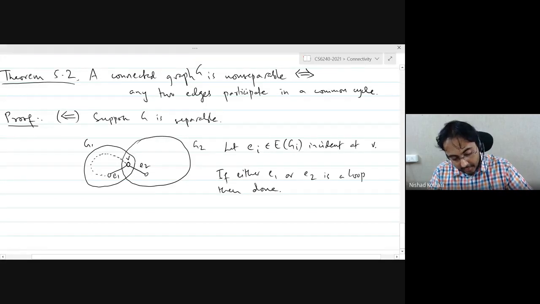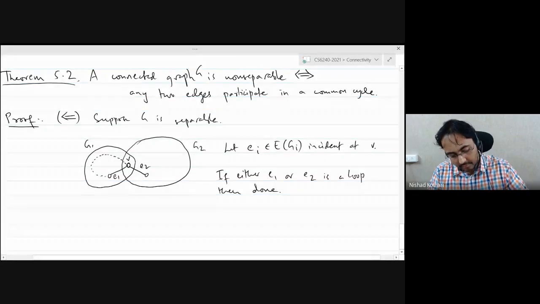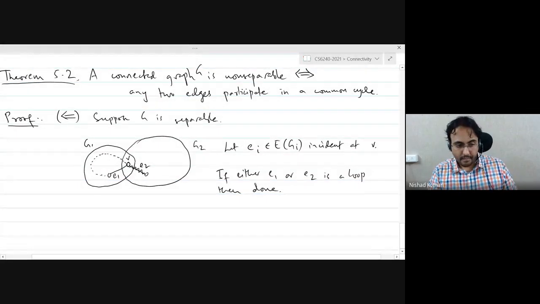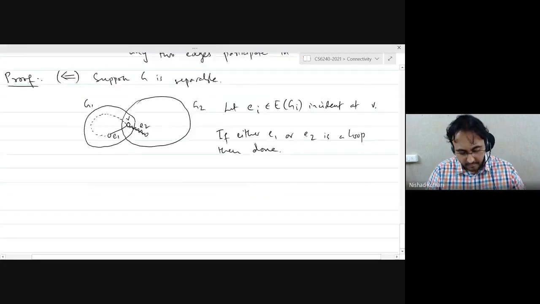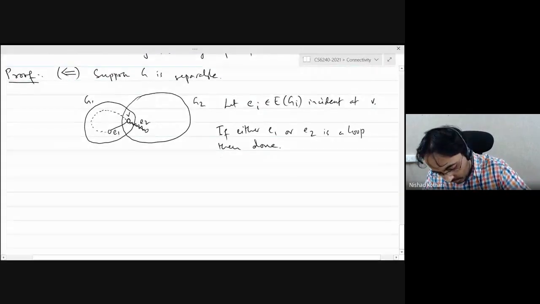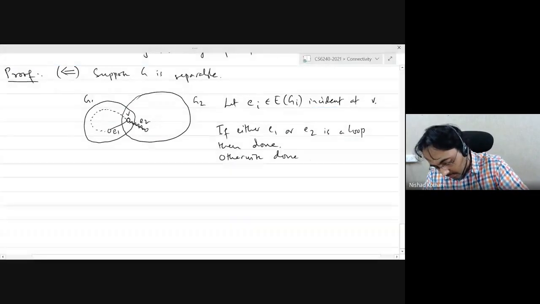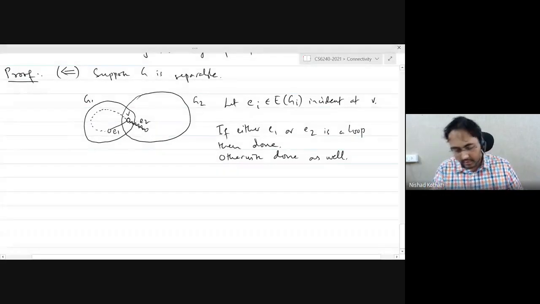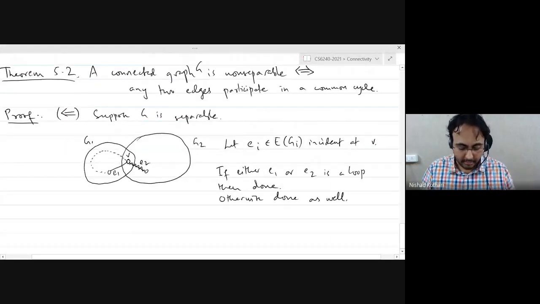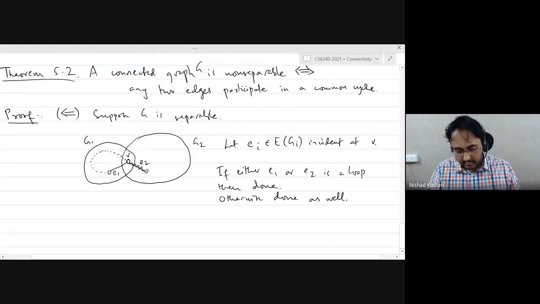But the moment you do that, you've completed the cycle and now you cannot use E2 anymore. So otherwise, done as well. In both cases you can just finish the proof, and I'm not writing down all the details, but it's evident.